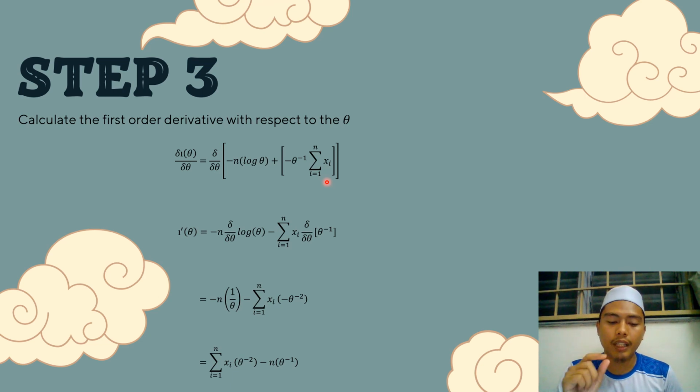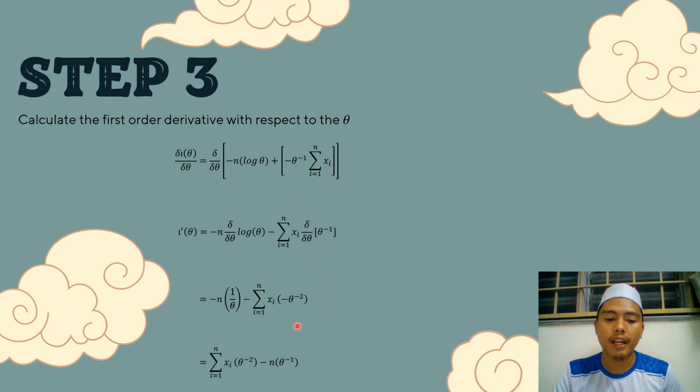At the end of this step, we get the final answer: summation of x times theta power of negative 2 minus n times theta power of negative 1.